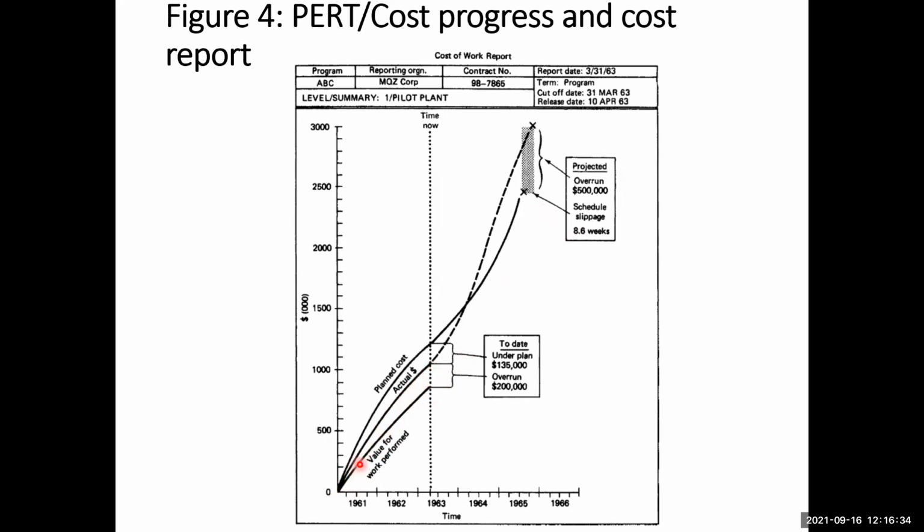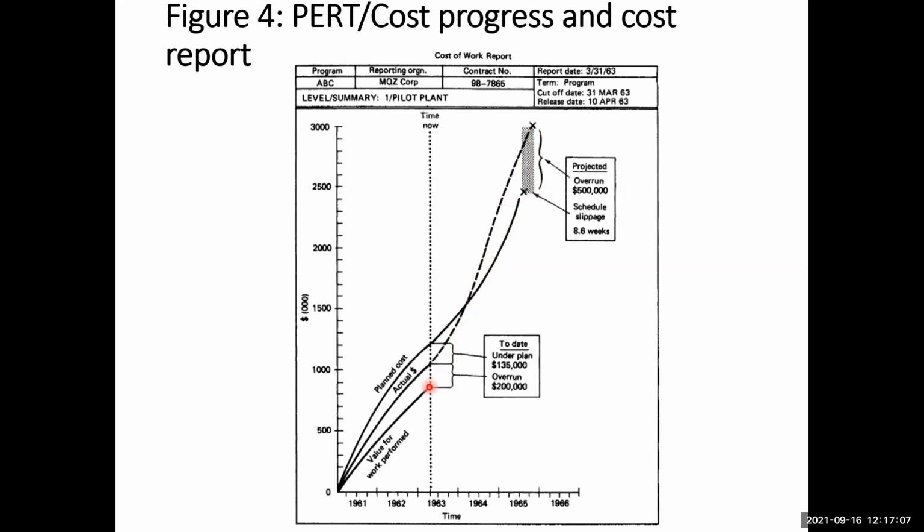And based on those regression equations, we can extrapolate these curves, such as in this case, which is shown in the dashed line. Using this dashed line, we can foresee or forecast when the project is going to finish, whether it will finish on time, or whether we will need to spend some more amount.